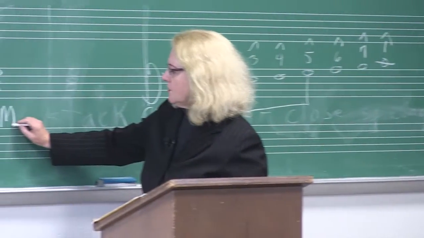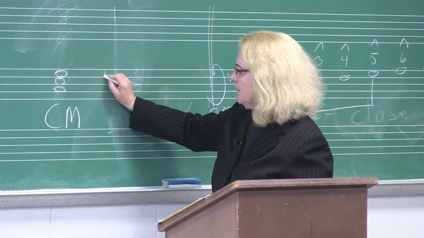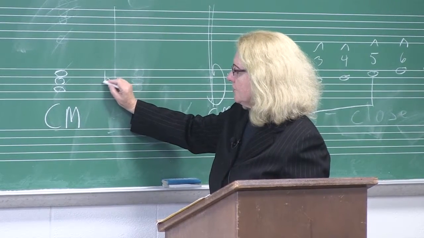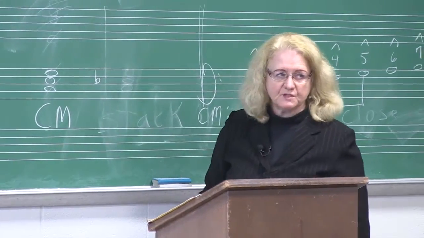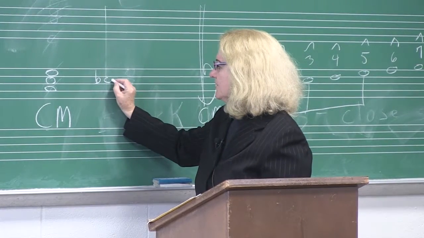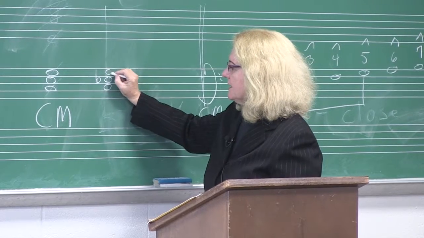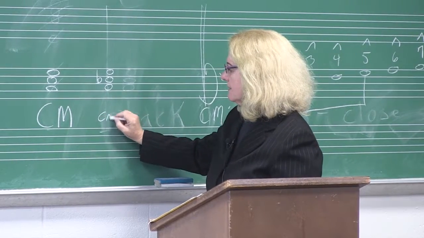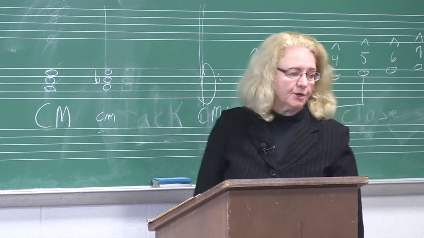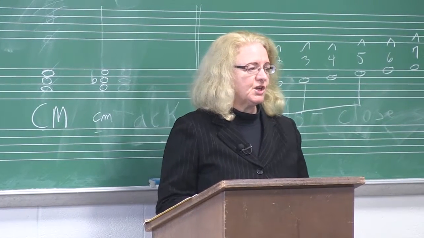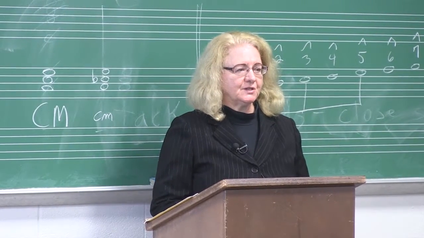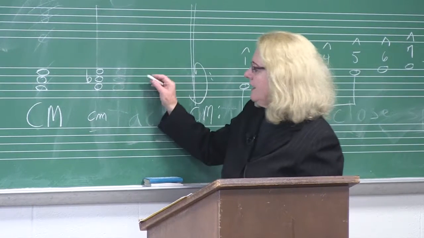Now if we lower that major third by a half step, I do this by putting a flat in front of it, then I've got C, E flat, G, C minor, and we use lowercase letters for minor keys.